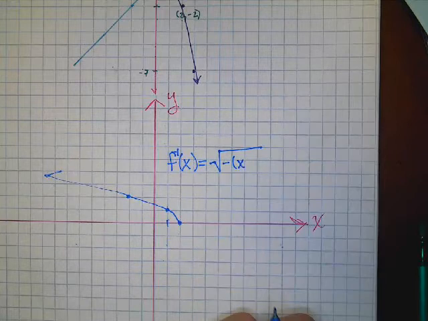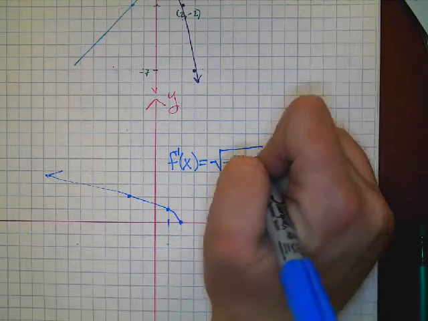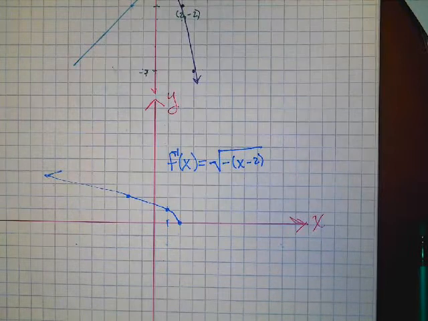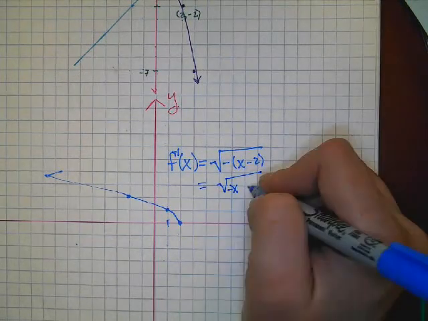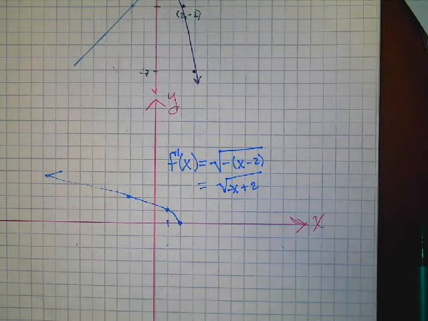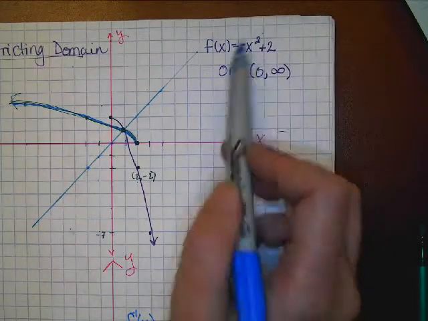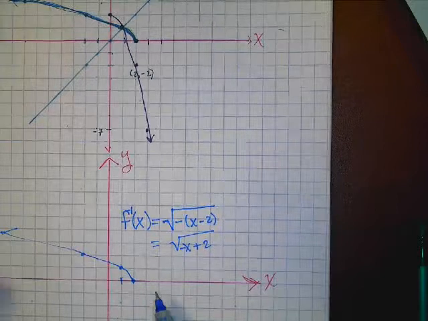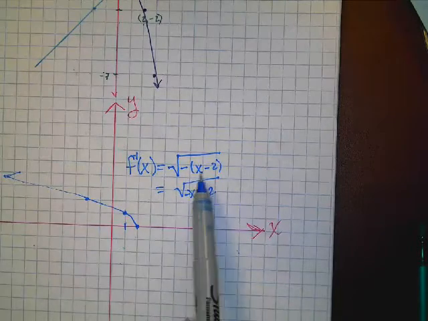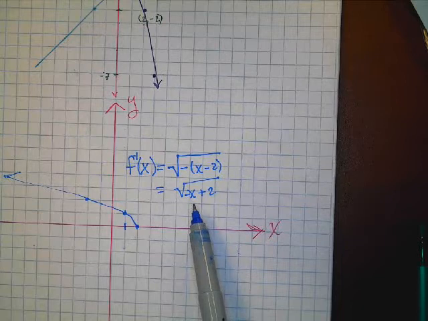Remember when I gave you the notes about shifting and reflecting, order matters. So this is f inverse of x, and it's the square root of, to reflect it over the y-axis, that's a horizontal reflection, so it's negative x. Now to shift it to the right 2, remember we do -2. So we could write it this way, or as the square root of opposite x plus 2 if I distribute.